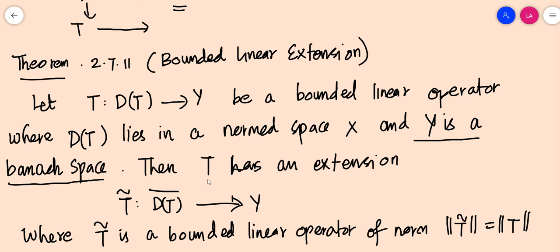Then T can be extended onto its closure, T tilde from the closure of D(T) onto Y, and the extension is also a bounded linear operator, and both T tilde and T have the same norm. Or, if you are given a bounded linear operator from a normed space onto a Banach space, it can be extended onto its closure such that the extension is also a bounded linear operator, and also has the same norm. That's the theorem. So now we have to prove this.